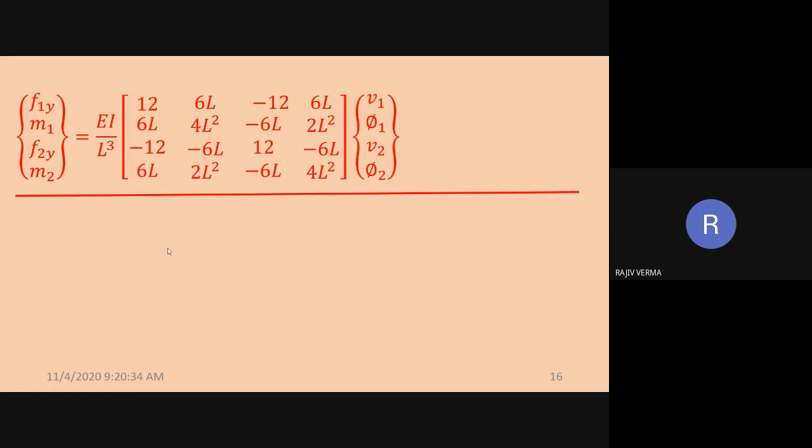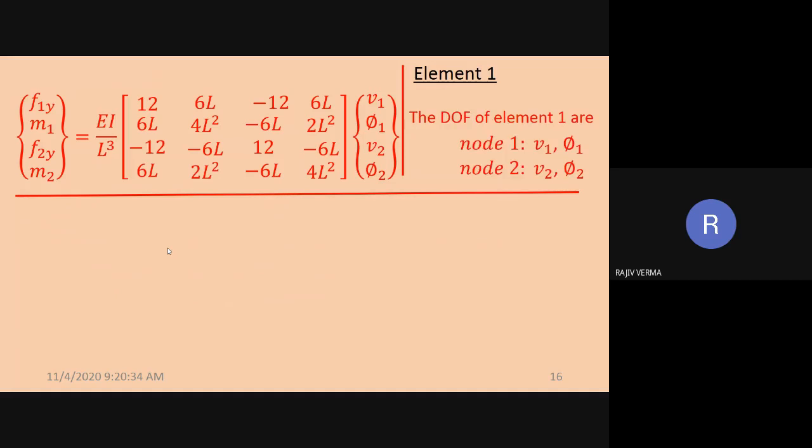So starting with the solution now, starting with element number 1, which has node 1 and node 2, and the expression for the stiffness is also written in this slide.